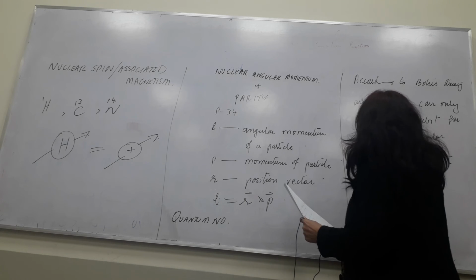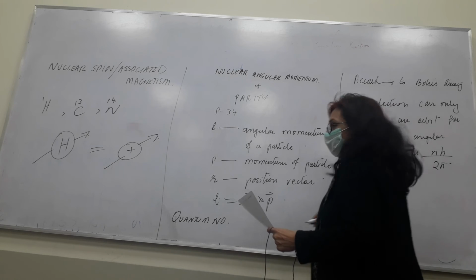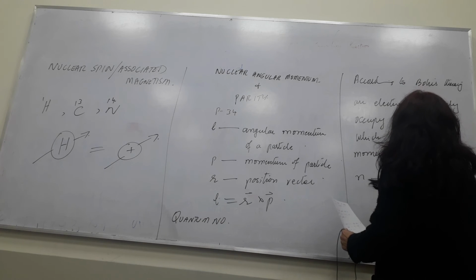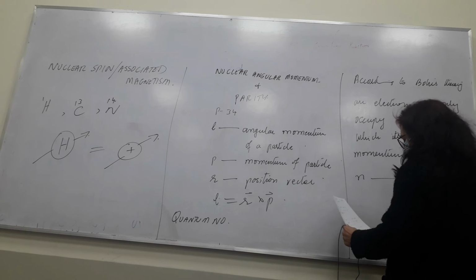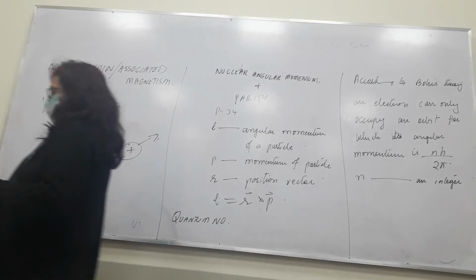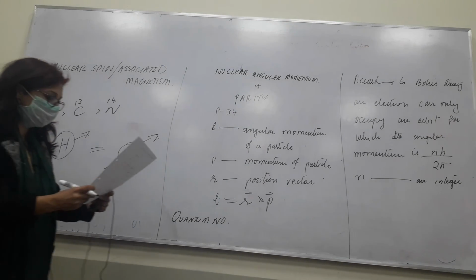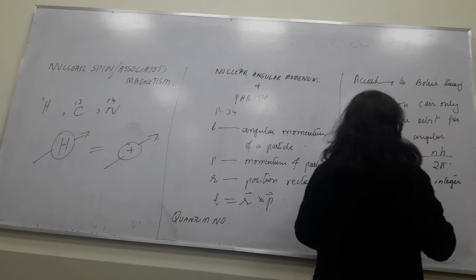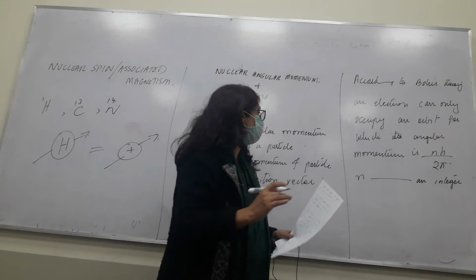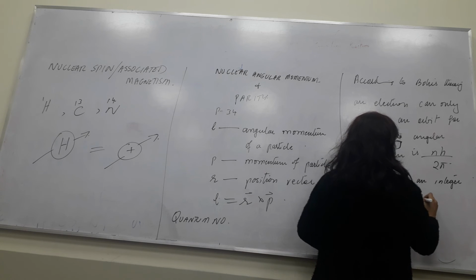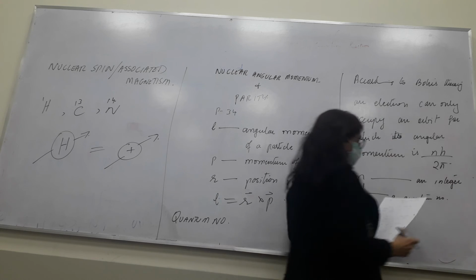What is important here is that n is an integer. This is the concept of quantization. It can have the property of angular momentum, and this property is quantized, and therefore n is known as a quantum number that gives its possible values.